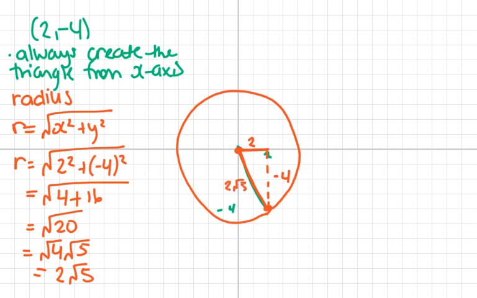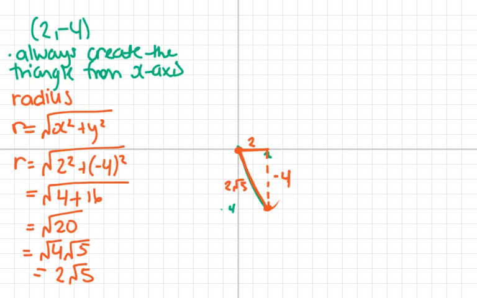Okay, so now I have the length of my triangle. And I'm just going to get rid of this circle here because we don't need it. Now, I need to find the 3 primary trig ratios. So I want to find the principal angle.